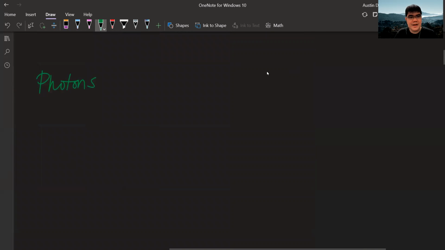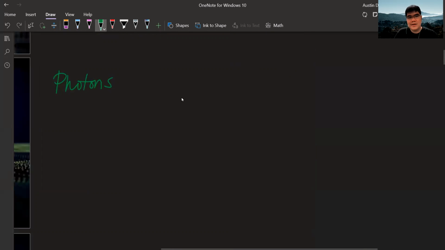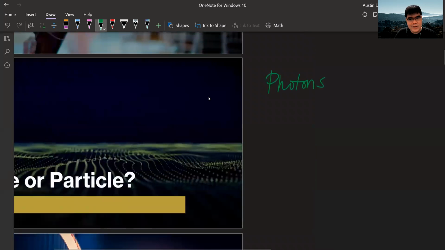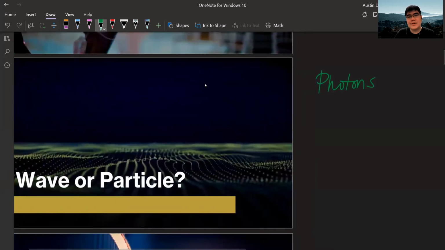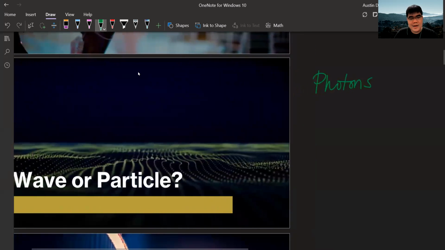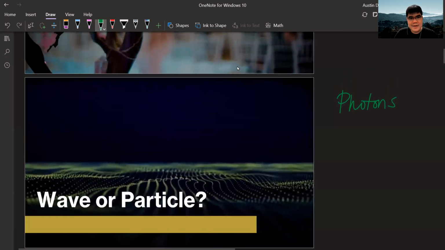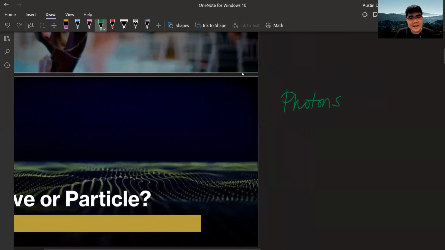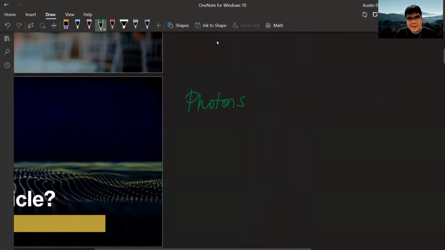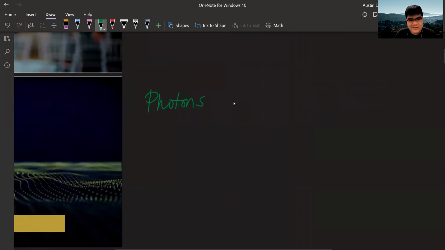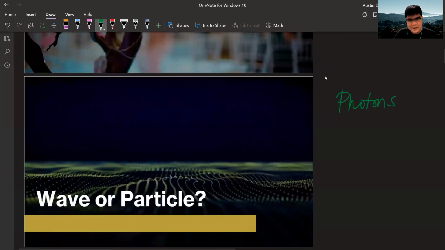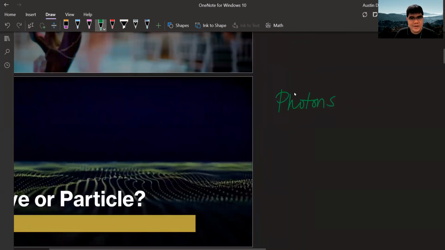Okay, so yung single quanta o quantum ng isang unit ng light is called the photon. And light is produced by quanta or by units. Ibig sabihin, there's no half unit of a photon. It can only be a unit of photon.